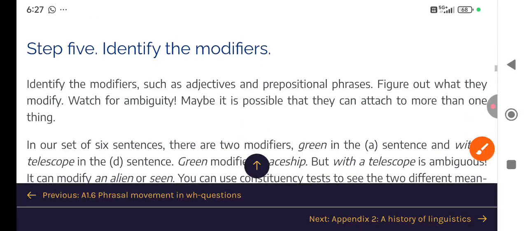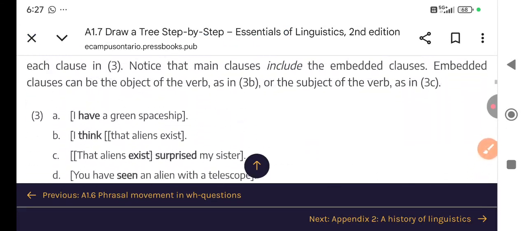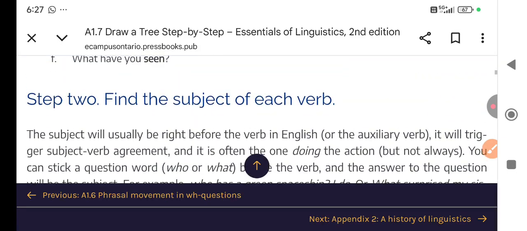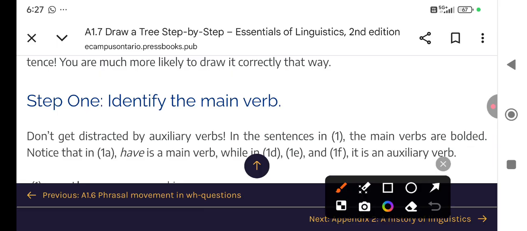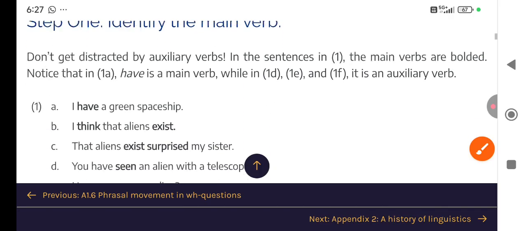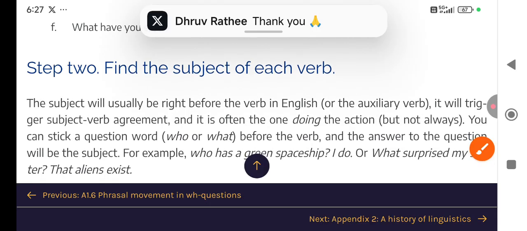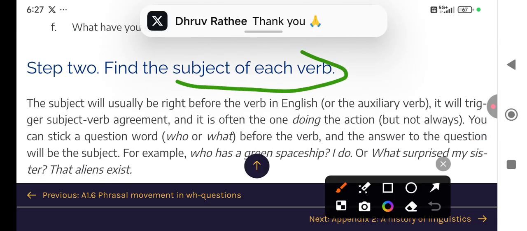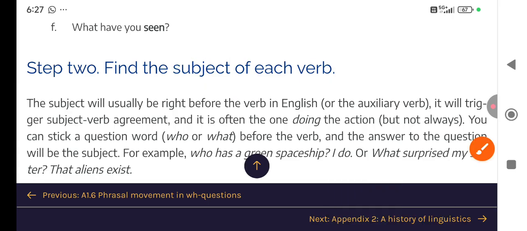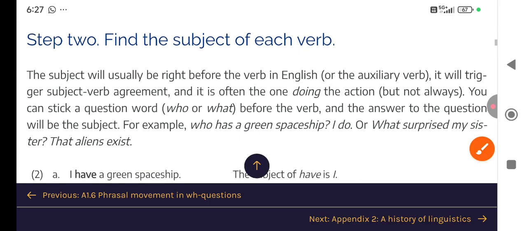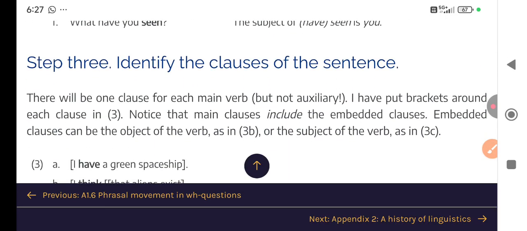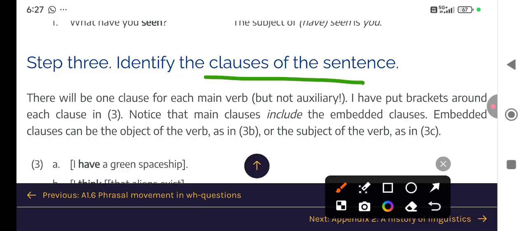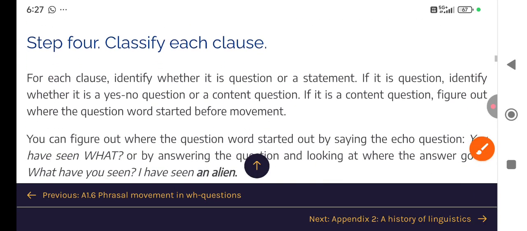Okay. Now next one, step 5. So till now, step by step, what did we do? From the first step we identified the main verb, right? Then in the second step we identified the subject of each verb, so here we found the subject of the main verb. Then in the third step we identified the clauses, and in the fourth step we classified each clause as dependent or independent.